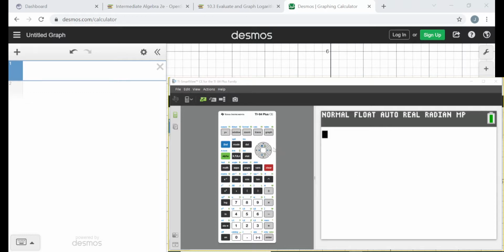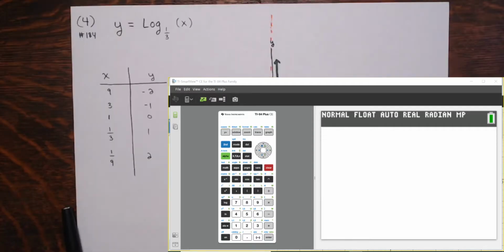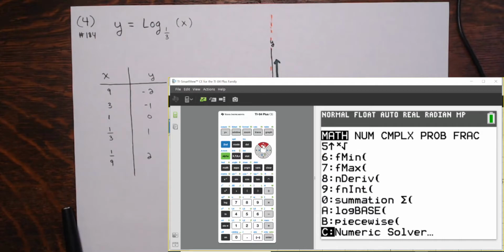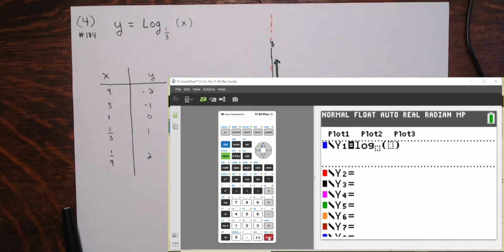Alright, so let me go and graph y equals, so sorry about this, looks like fraction bases are tough to enter in Desmos for some reason, but we have log base 1/3, unless I'm just not doing it right.